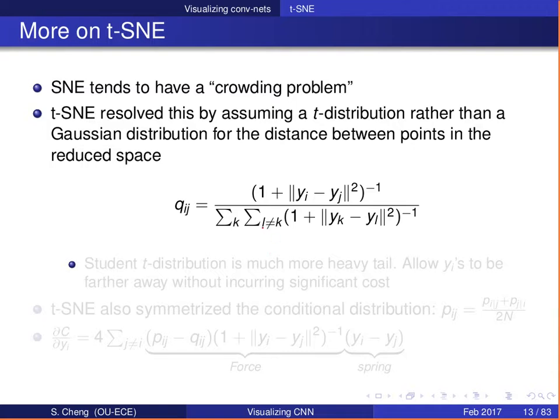So for the t-distribution, you probably don't need to know the detail of the math here, but one thing you should know is that the difference between the t-distribution and the Gaussian distribution is that it has a heavy tail. What I mean by heavy tail is that the Gaussian, maybe I draw it again, is more or less like this.